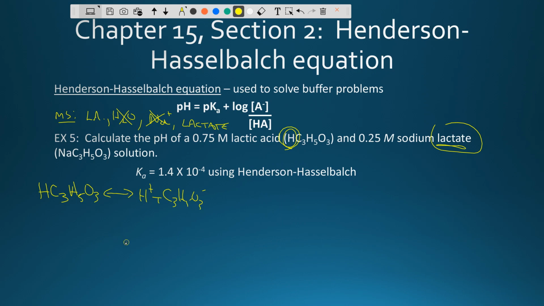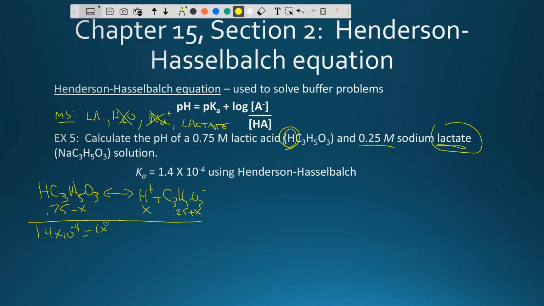And so if I track all of these things along the way, I started with 0.75. We're going to lose some of that, and it's going to gain some of that. We had a starting concentration of 0.25 molar of this as well, and it's going to eat up some of those. So my Ka was 1.4 times 10 to the negative 4.